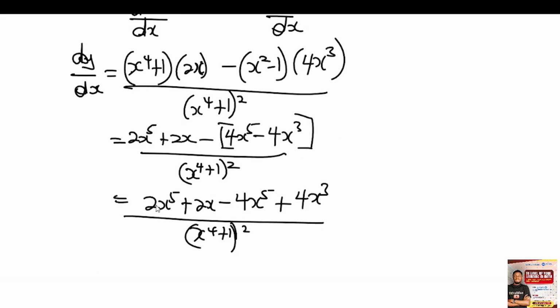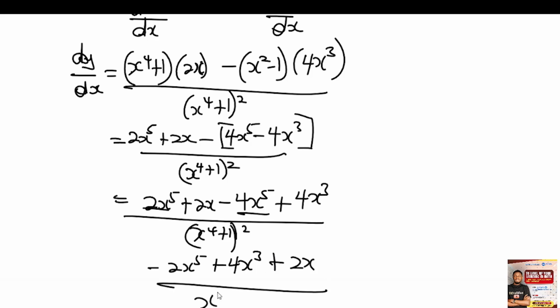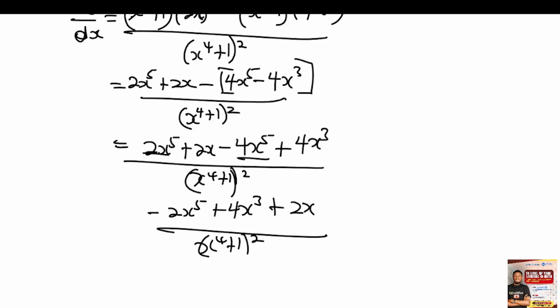So we have like terms here. So 2x exponent 5 minus 4x exponent 5 gives us negative 2x exponent 5, plus 4x exponent 3, plus 2x, all on x exponent 4 plus 1 all squared. Okay, so now we can factorize 2x out.